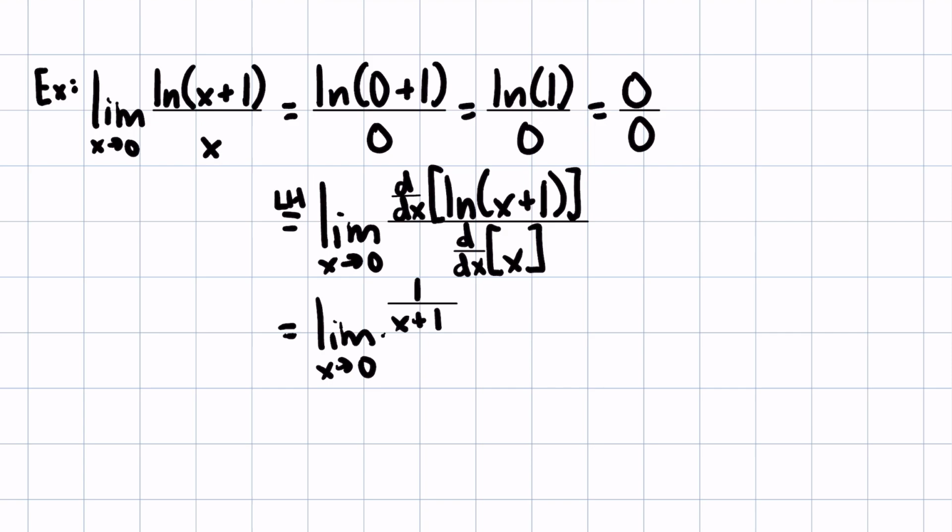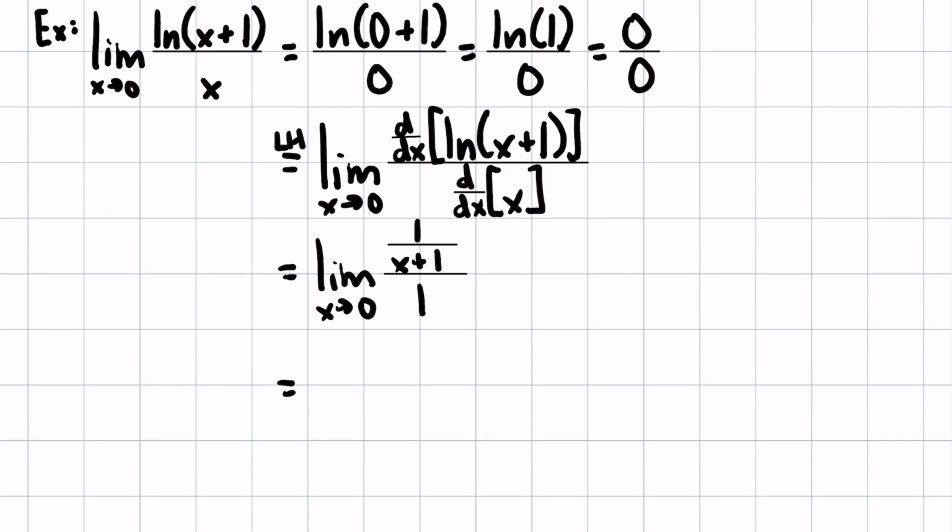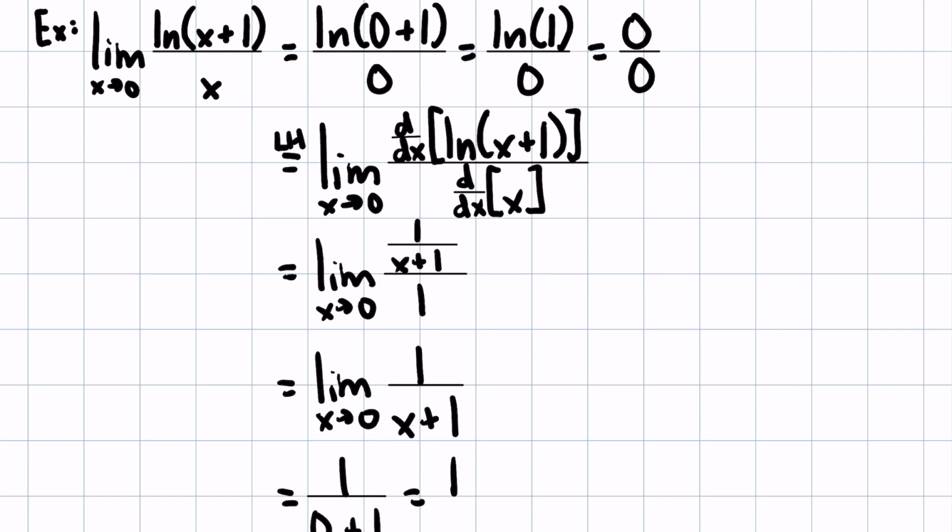And then the derivative of x is just 1. So this becomes the limit as x approaches 0 of 1 over x plus 1. So now, if we sub in 0, we have 1 over 0 plus 1, which is 1 over 1, which just gives us 1.